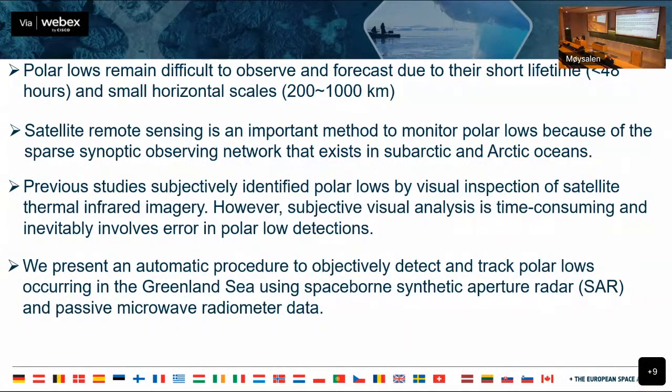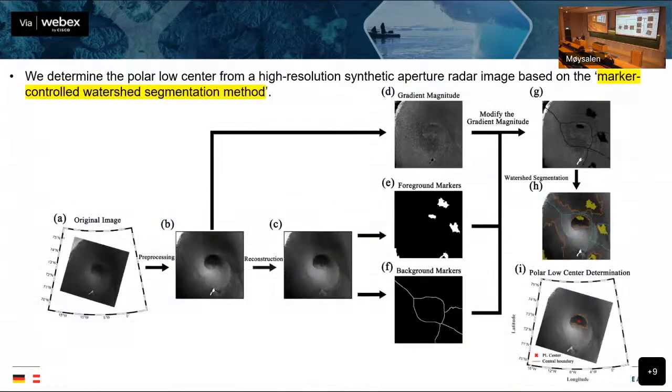And Biao and Will have in fact developed an automatic procedure for detecting and tracking polar lows in combination with passive microwave radiometer. And that's quite an interesting comparison he's providing here. So this is a scheme where they have the original image, they do the reprocessing and the reconstruction, and they use some kind of segmentation methods.